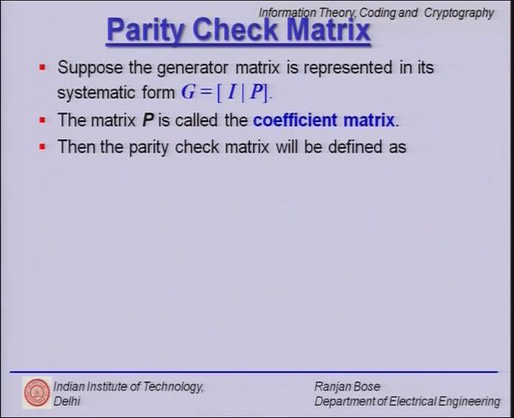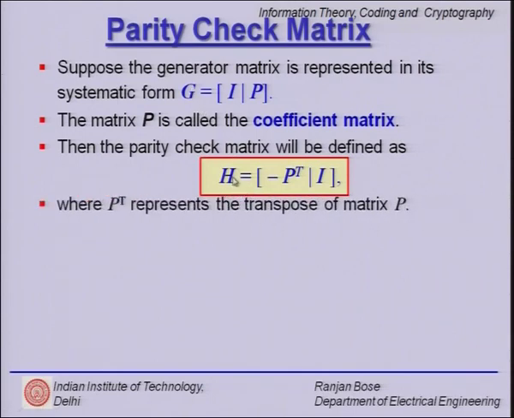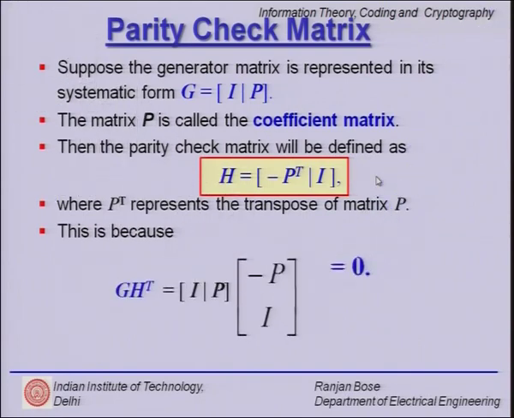So, the parity check matrix can now easily be defined as minus P transpose partitioned with I, and you can easily check that G H transpose, if written in this form, is necessarily equal to 0. So, you can do a simple check. Here there is a transpose. So, you have I P here, minus P transpose I, is equal to 0, and this is an identity. So, you can easily first represent G in terms of its systematic form and then immediately obtain H from there.